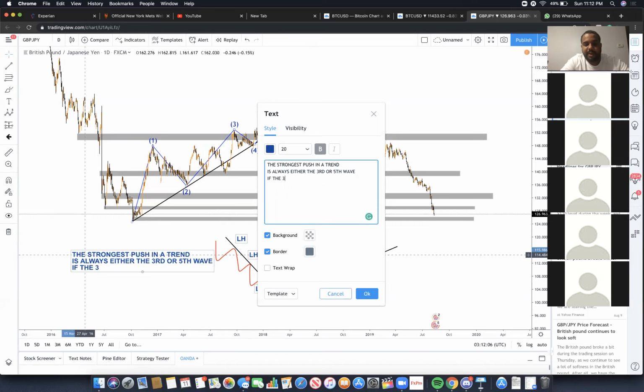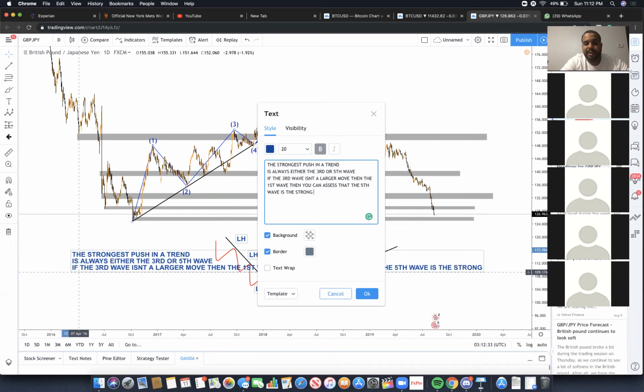If the third wave isn't a larger move than the first wave, then you can assume, or let's change the word, assess, that the fifth wave is the strongest push of that trend.